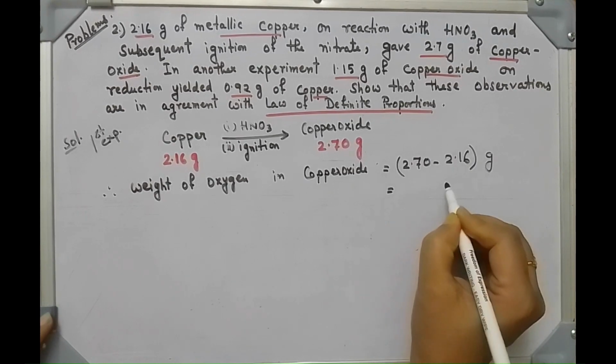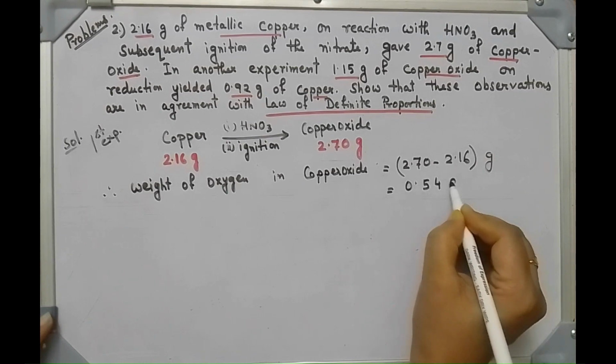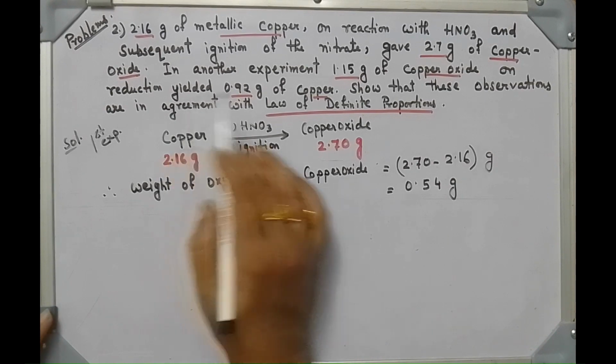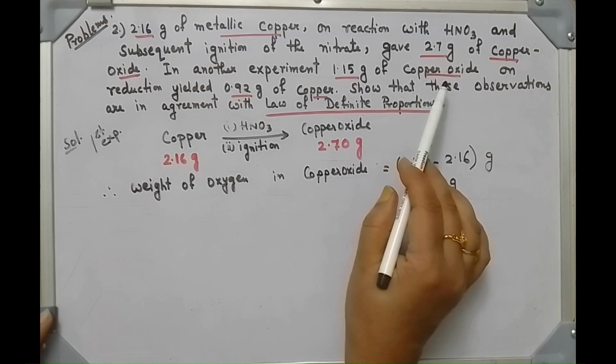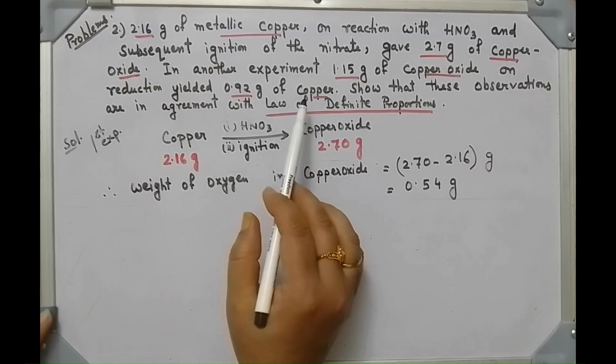So here we are getting this much grams. Now in another experiment, it is given this much grams of copper oxide on reduction yielded this much grams of copper. Okay.